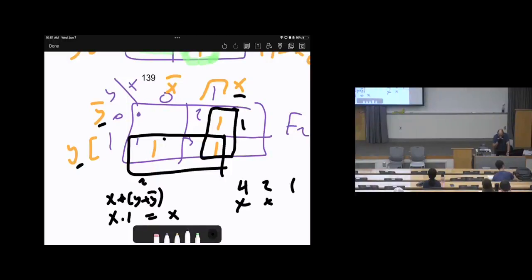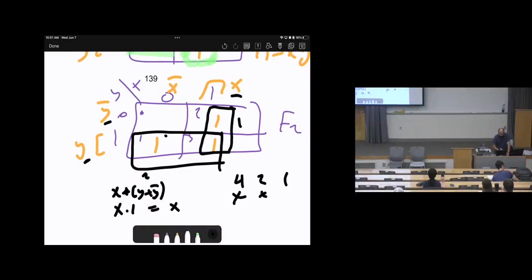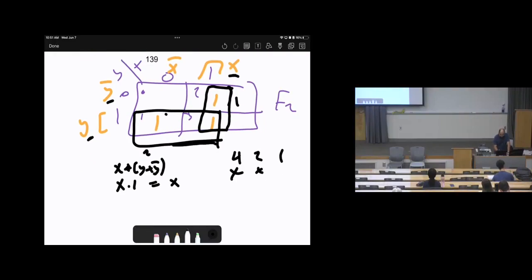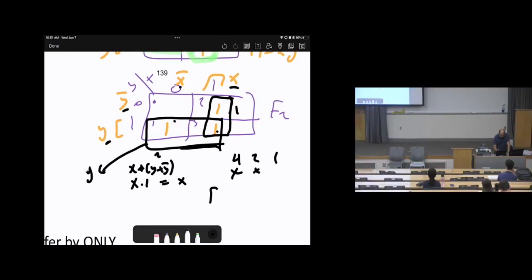So as a result, we will not do y plus y bar every time. Look at this box. It's located at x, then it will be x. Look at this box. Box number 2 is located at y, because the other part is x bar and this part is x, so they cancel each other, then we will have y. So as a result, F2 will be x, which is box number 1, plus the other box, which is box number 2, which is y. Then that's it.